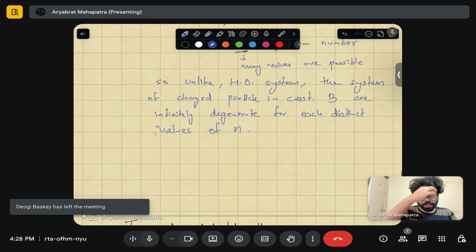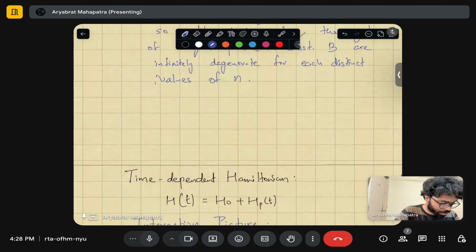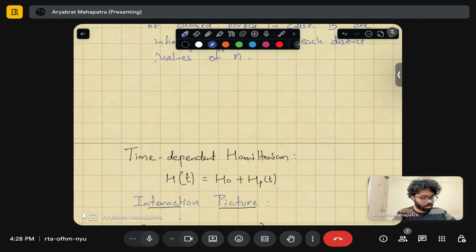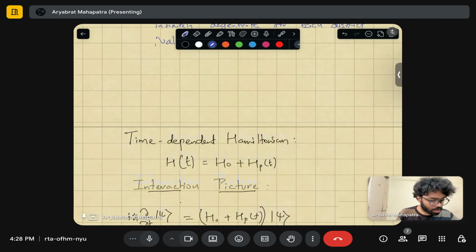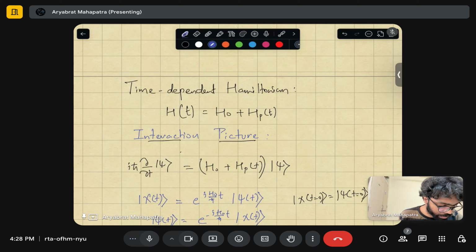Okay, if there is no question, then we can look into the other topic which we missed last time, on time dependent perturbing Hamiltonian.